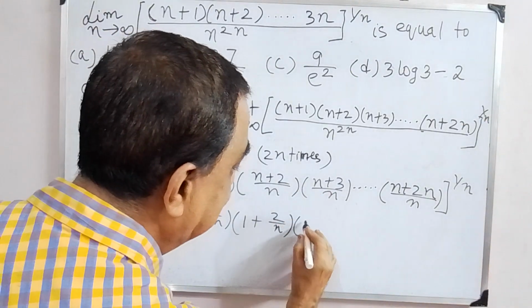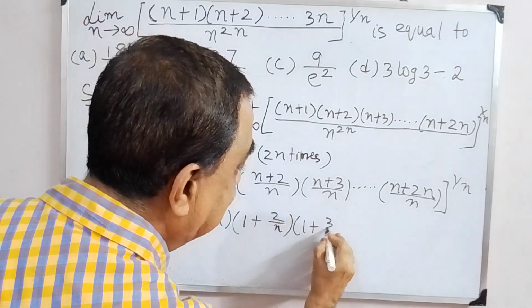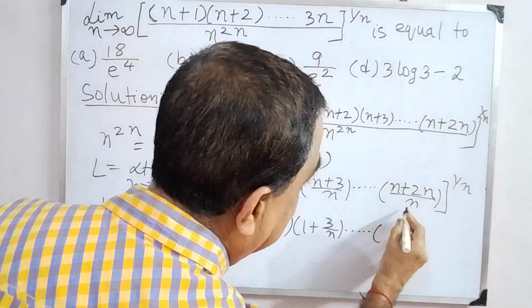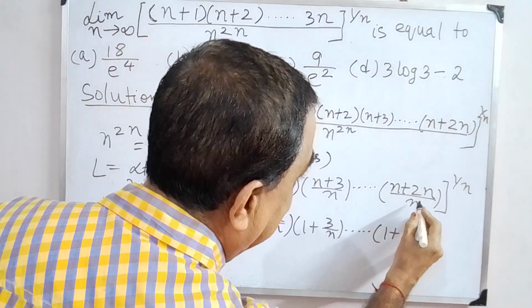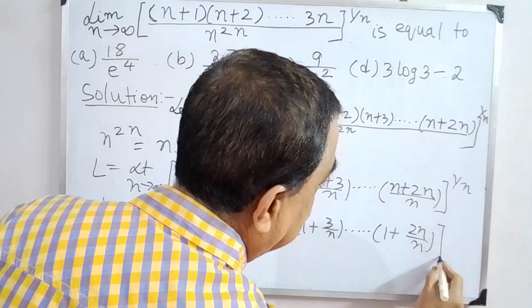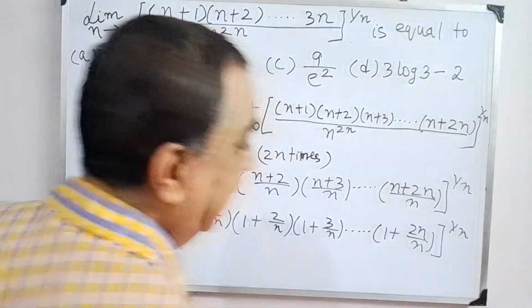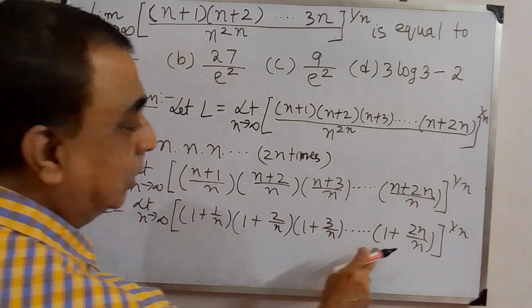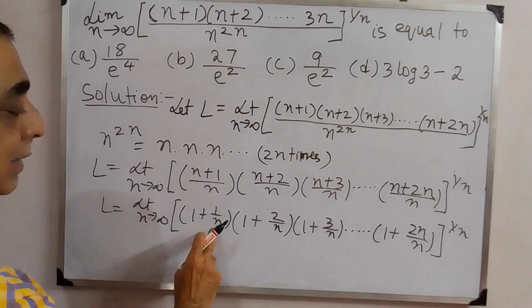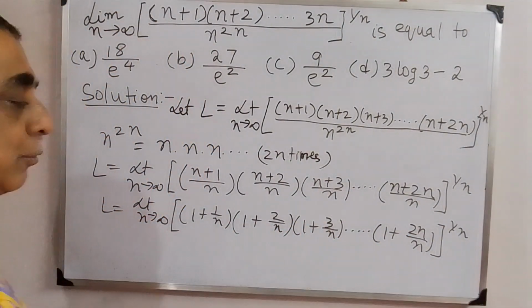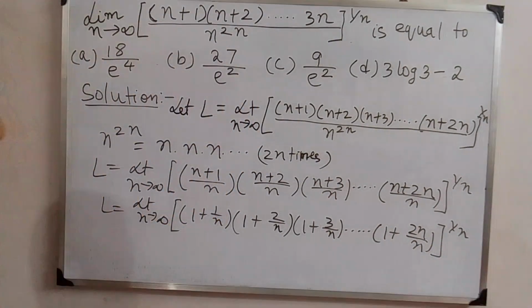Here n divided by n is 1, and this will become 3 by n, and up to n divided by n is 1 and 2n by n, whole to the power 1 by n. So each first term is 1, and the second term is 1 by n, 2 by n, 3 by n, up to 2n by n. So there are 2n brackets.